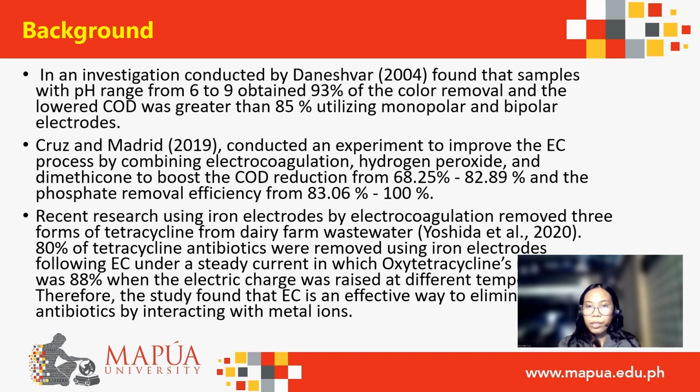As you can see in this slide, these are some of the studies that have been published regarding electrocoagulation and how it removes unwanted compounds in wastewater. It is also used for CO2 removal as well as for antibiotic removal.